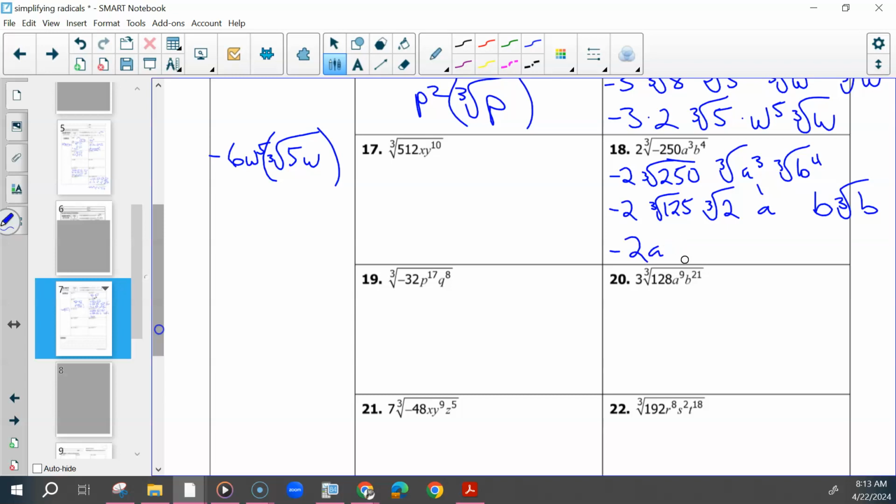Oh, I forgot to do this part. My bad. The cube root of 125 is what? 5. So that would also go on the outside. It would be negative. I was just writing out all the steps. Negative 10ab times the cube root of 2. This part? This 2 and this b.